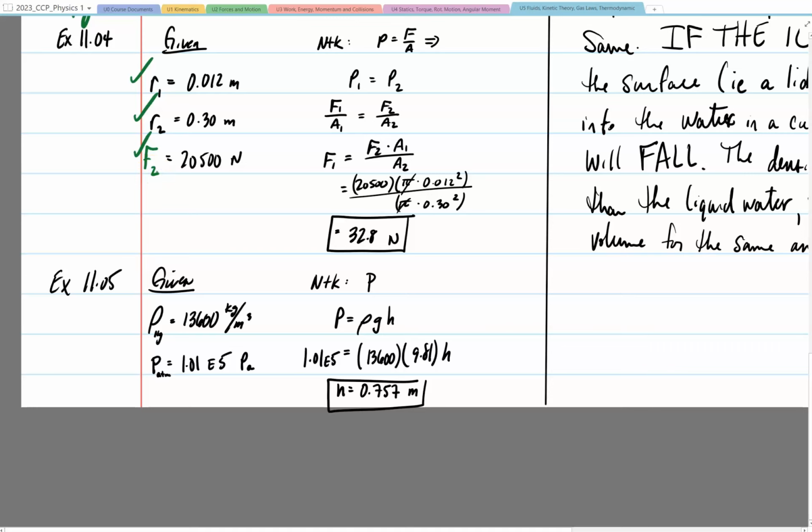And our job is to determine what force F1 must be exerted to keep the bottoms of both pistons at the same level. So what we have to keep in mind is that let's say there's a piston over here on this side, and its fluid's connected to another piston on this side of the system.